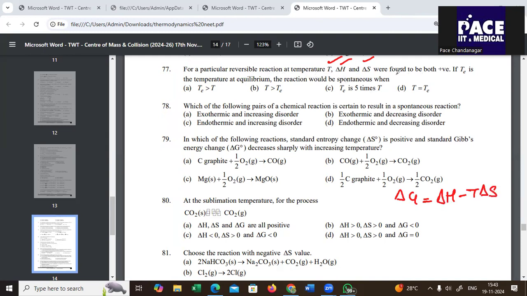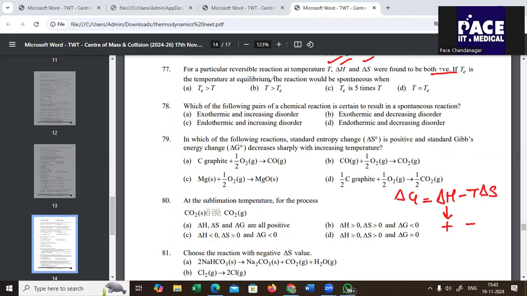So delta H is positive, T is positive, and delta S is positive. Positive of negative will be negative.